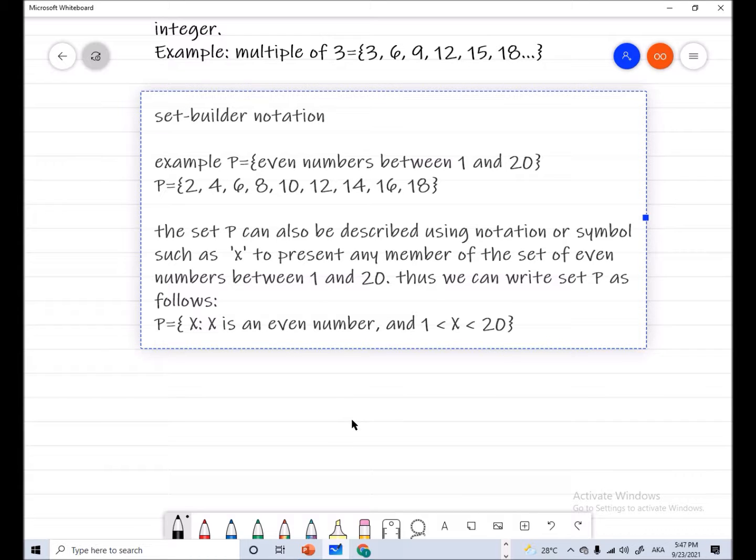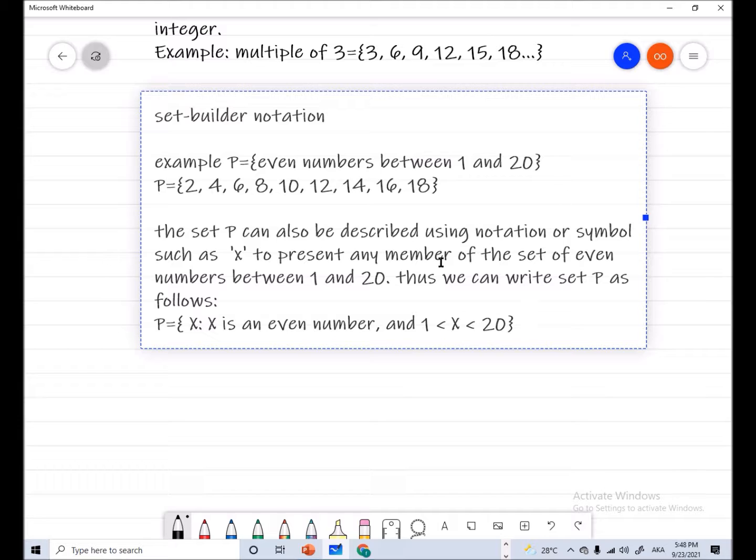We used set builder notation here, and we described what exactly the members are. So we say that P's members, X, is an even number, because it says even numbers between 1 and 20. If it's an odd number, we say it's an odd number. And 1 is not part, since it's between 1 and 20.